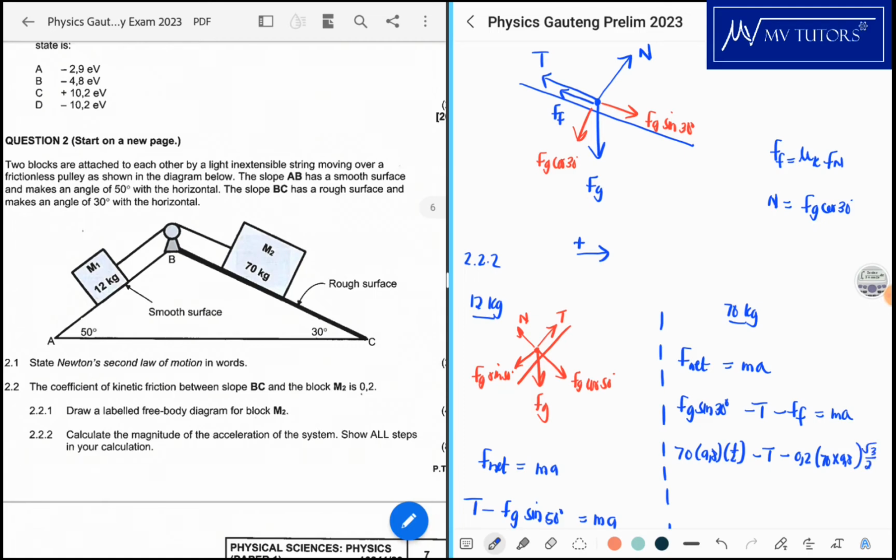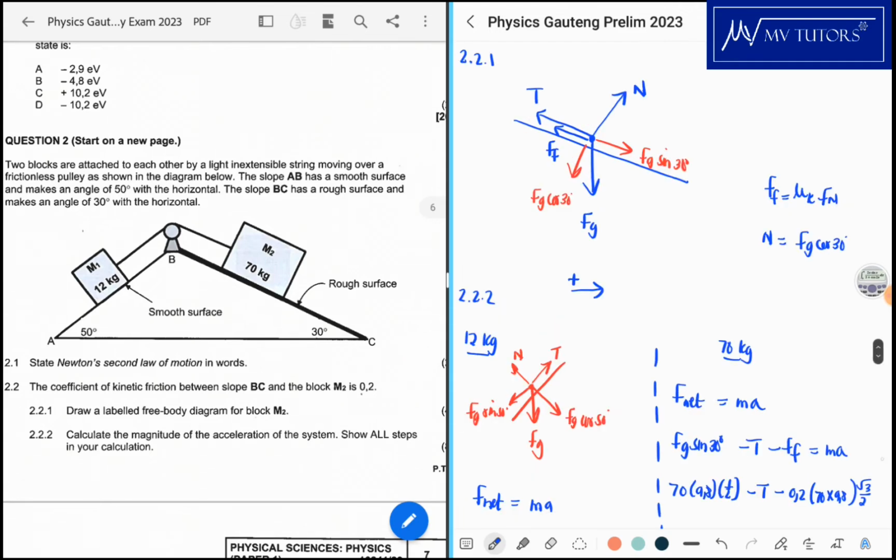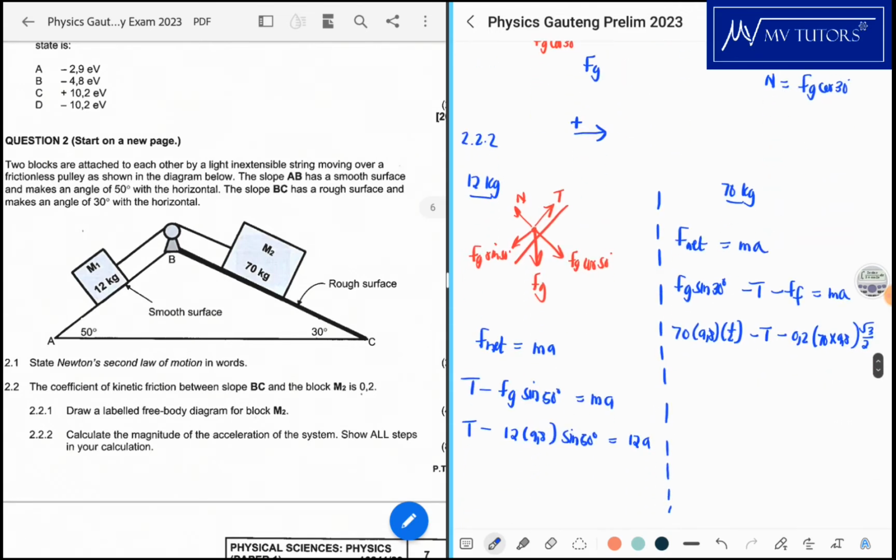So we have 70 times 9,8 times a half minus the tension minus 0,2 times 70 times 9,8 times cos 30, which is root 3 over 2, and that is equal to MA.